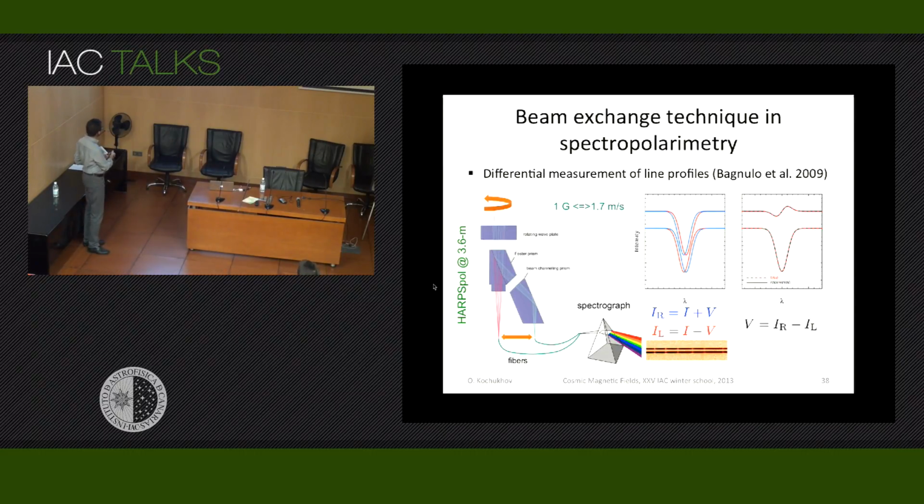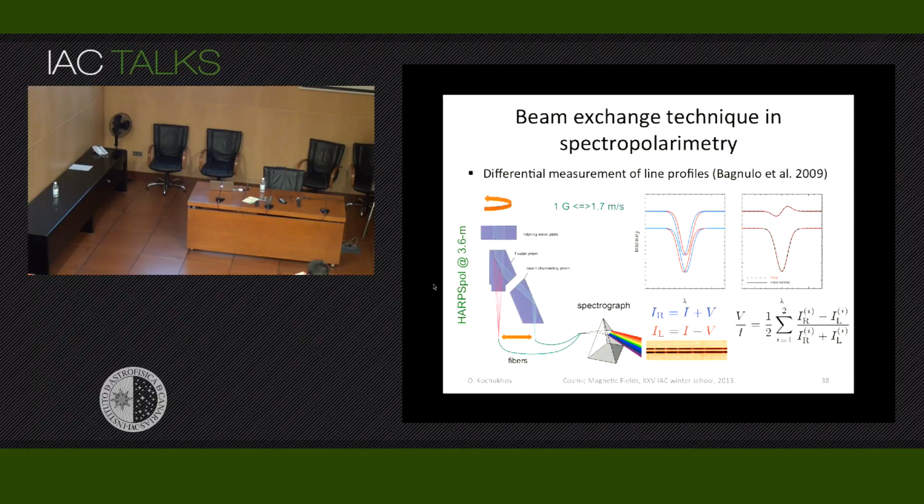So if we had IR going here and IL here, then after rotation it would be the opposite. Instead of one observation of two beams, we have two observations of two beams. So we have 4 spectra, and then we derive the spectra using this formula.